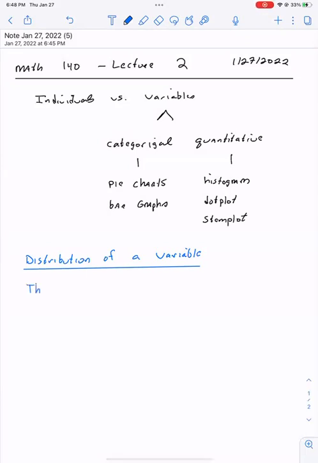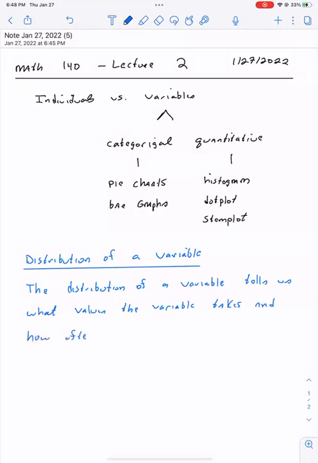But the basic idea is that the distribution of a variable tells us what values the variable takes and how often it takes those values.